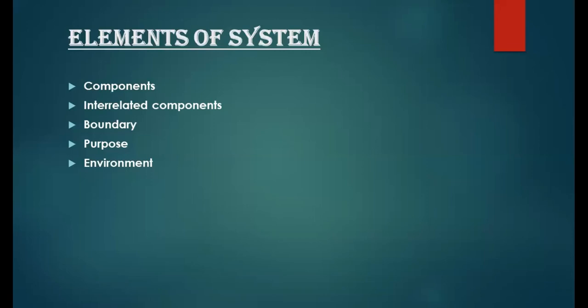Then what is the purpose of the system? The purpose of the system is to make the work more convenient, to understand the work more conveniently, and to perform that work up to the mark of accuracy as well as within the time limits. This makes the work a very speedy process, and leads the work to be performed on time.